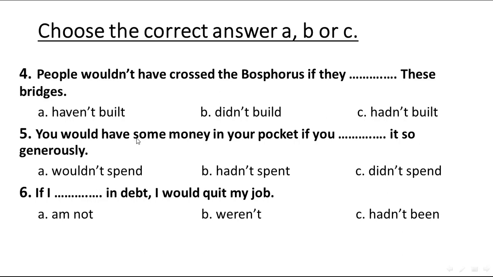We don't have verb 3, so this sentence is from type 2, and we will continue the sentence with past simple. So the correct answer, as you can see on the screen, is C, didn't spend. The sentence becomes, you would have some money in your pocket if you didn't spend it so generously.